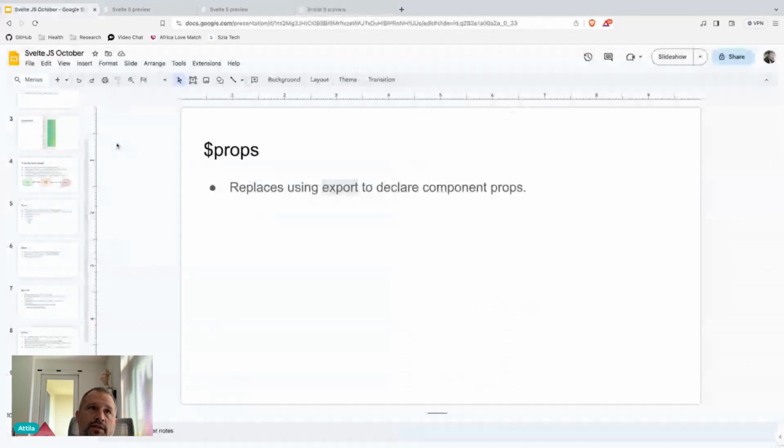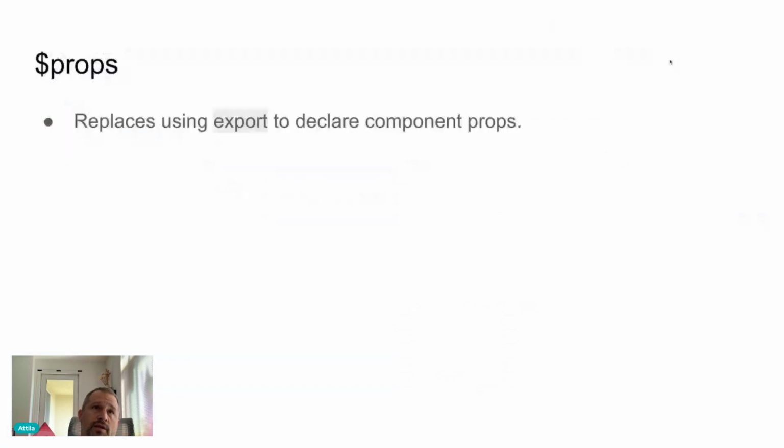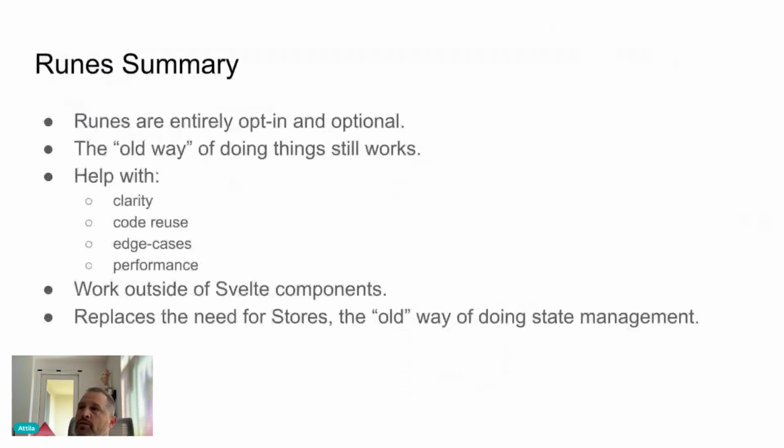I already showed these examples. Okay, so to wrap up runes: they're entirely optional. You do not have to use runes in Svelte 5. You could use your code just how you do today and not use runes at all. That's totally fine. Now, the recommended practice would be to adopt runes if you want to take advantage of all the new performance gains.